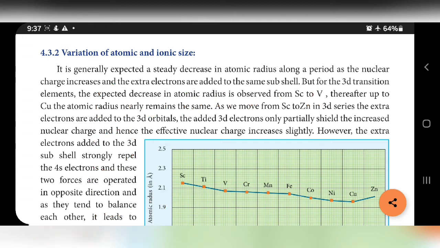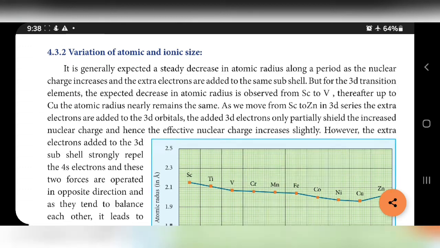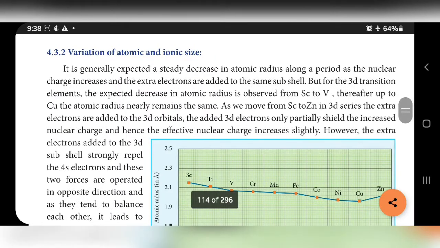Generally, we expect a steady decrease in atomic radius along a period. So, in a period, size decreases.